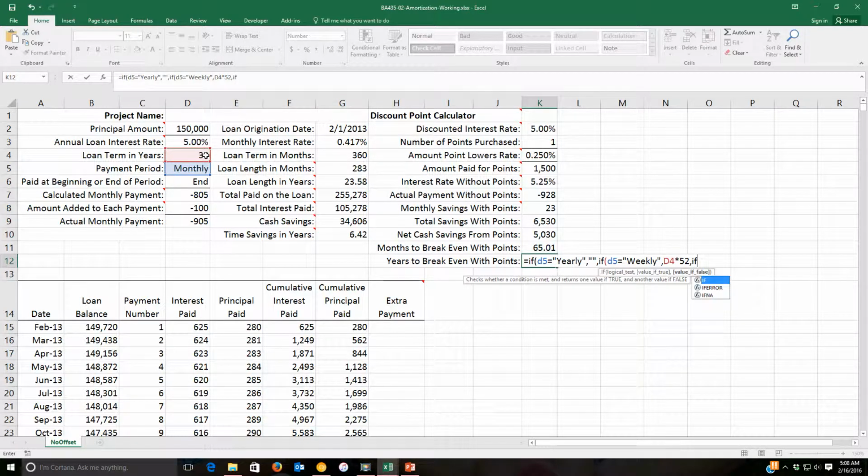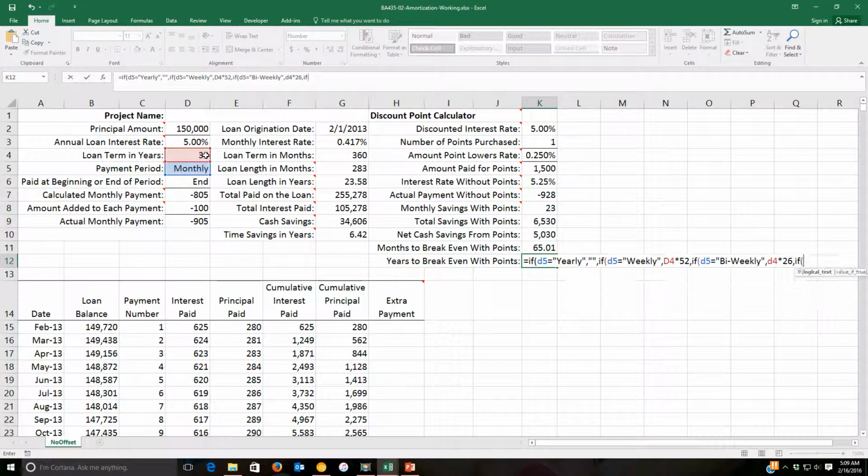If not, we're going to take IF and then the value in D5 and see if it equals bi-weekly. If it does, then we'll take our value in cell D4 and convert our loan term to bi-weekly periods.